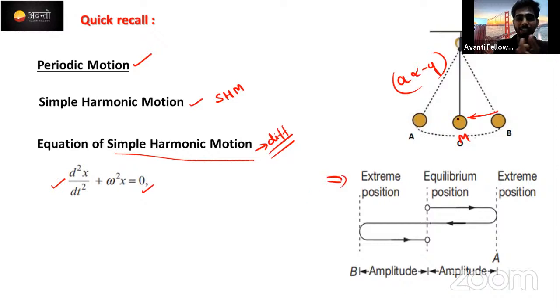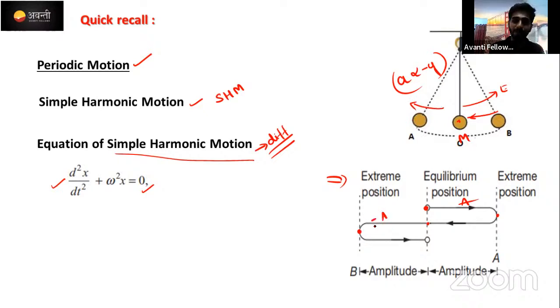When the bob is at the mean position, this is the equilibrium position. When it is moving towards the extreme position, it will reach a maximum amplitude A. And again it will move towards the mean position, and again towards the extreme position in the left direction and reach a maximum amplitude A, but in the opposite direction to the first one.